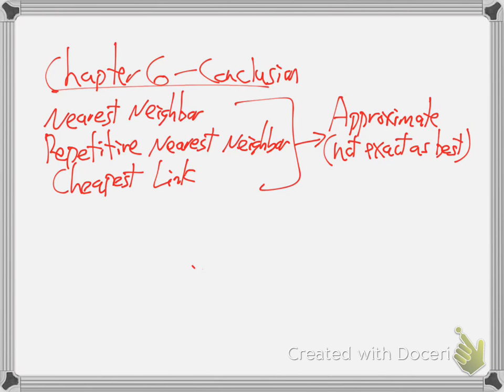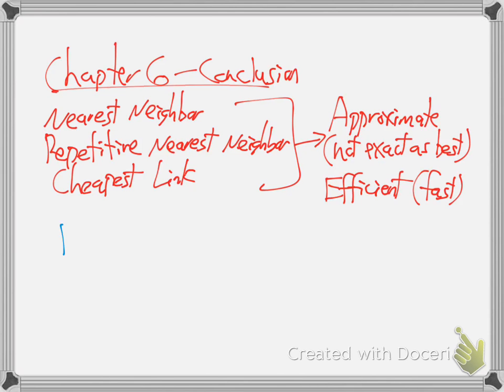They don't give you the best answer, but they're what we call efficient. Meaning they're fast, at least for computers. Sometimes they take us a while. But if you program computers to do these methods, they'll crank out your answers lightning fast. They won't take 800 years. The computers can do these methods super fast.